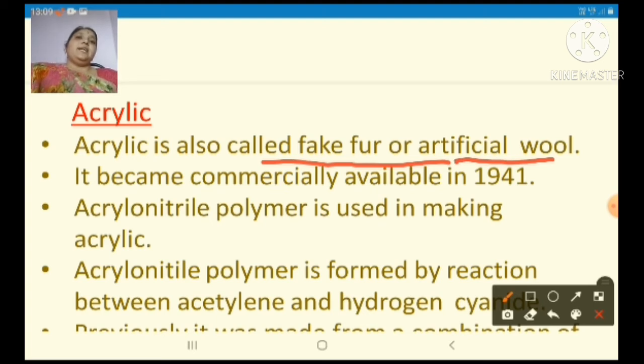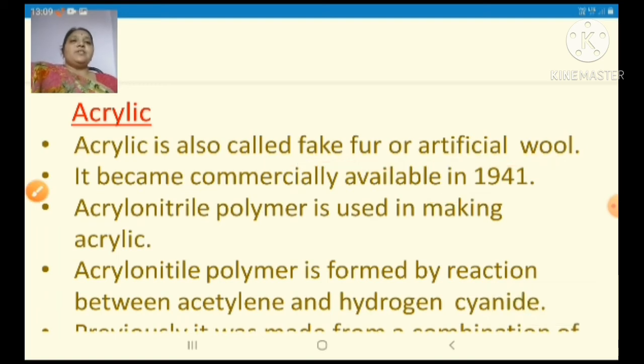So now you can see the invention of acrylic has overcome the difficulty of getting the wool. Acrylic can keep our body warm. It became commercially available in 1941.